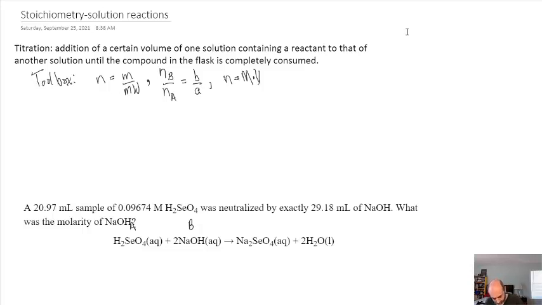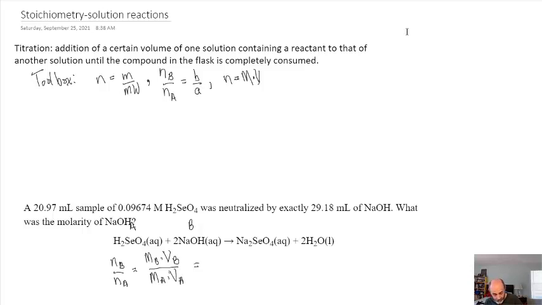So then we can say that the number of moles of base over the number of moles of acid will be equal to, they're in solution, so remember, going back to our toolbox, it'll be equal to the molarity of the base times the volume of the base, and then the N sub A will be the molarity of the acid times its volume.